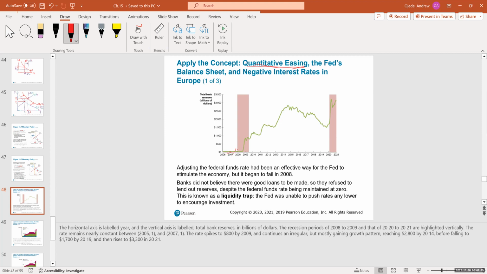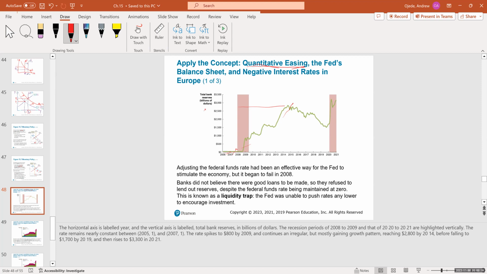Okay, then you can see now the total bank reserves, because of the Fed's purchasing a lot of that. But if I showed you, the interest rates were near zero, but bank reserves shot up a lot, because when the Fed is buying assets from banks, you expect reserves to go up. When the reserves go up, the monetary base goes up. So you can see this is how much they spent. These numbers are in billions of dollars.